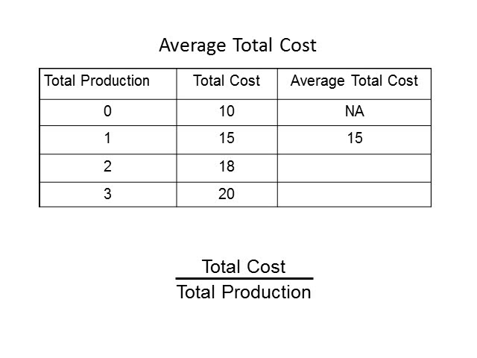Let's start the process by writing down the formula: total cost divided by total production. Next, locate the total cost column on the table and in the formula. Notice that the total cost associated with the third row of numbers is $18. Next, substitute $18 into the formula.